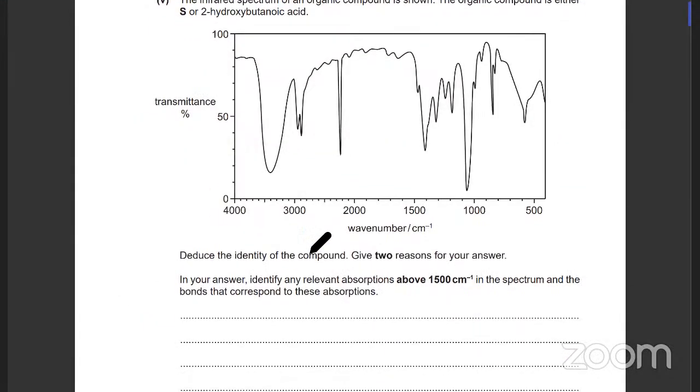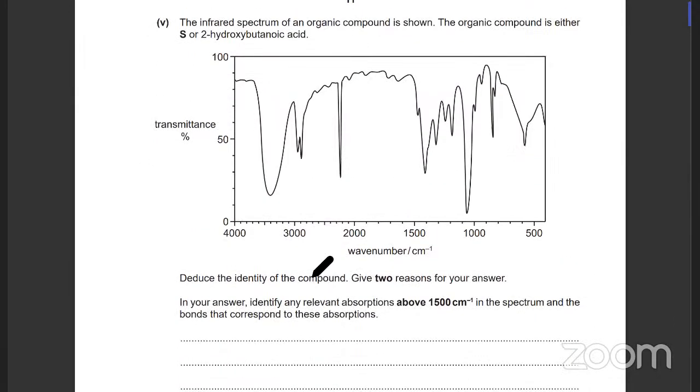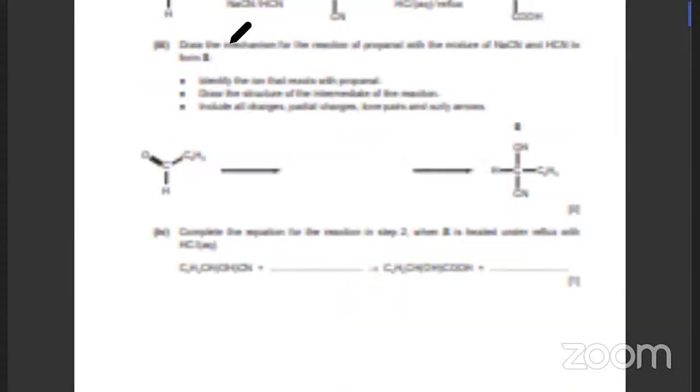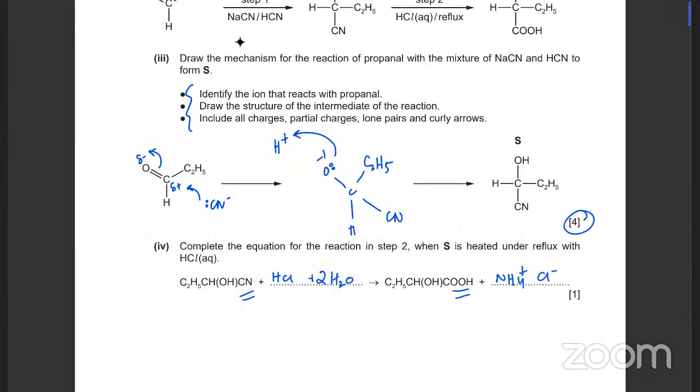And then you have infrared spectroscopy. So you have 2-hydroxybutanoic acid. Deduce, so this one, the infrared spectrum of an organic compound is shown. The organic compound is either S or 2-hydroxybutanoic acid. What is S? S is a nitrile. Let me draw S over there.